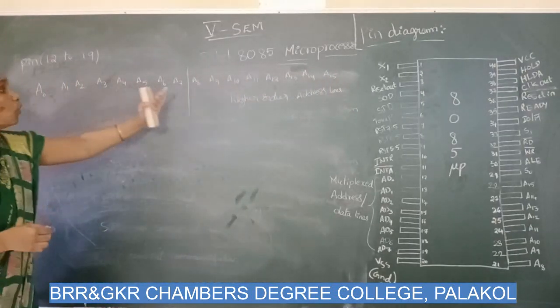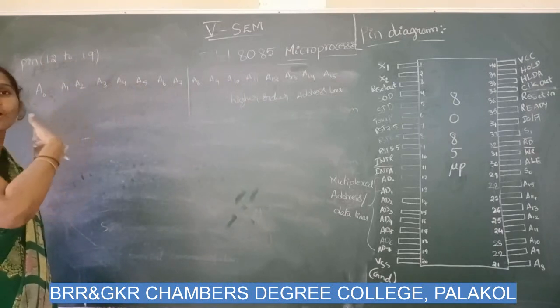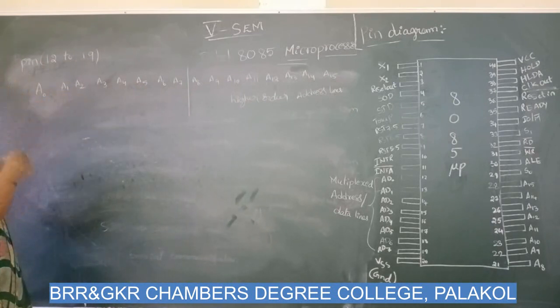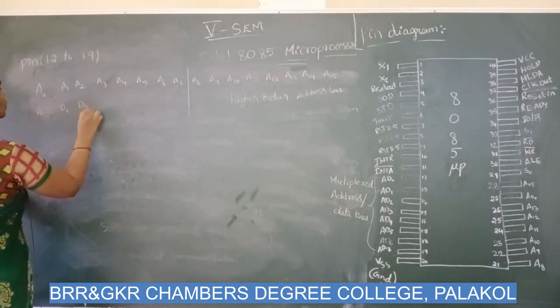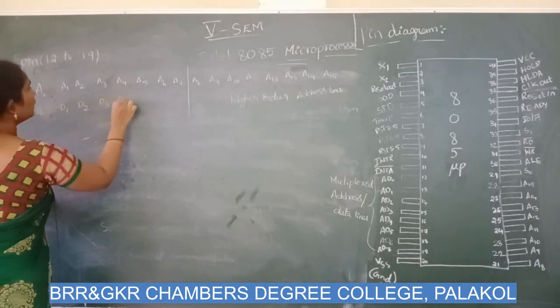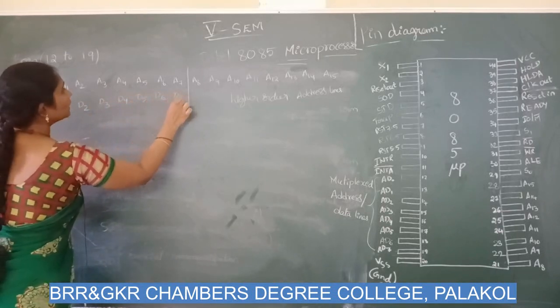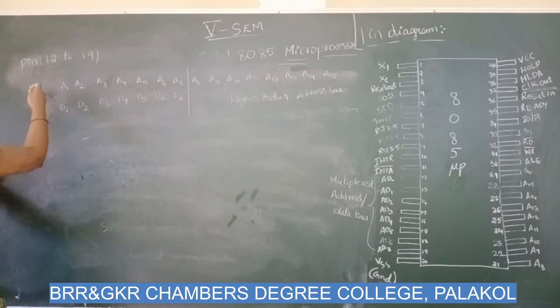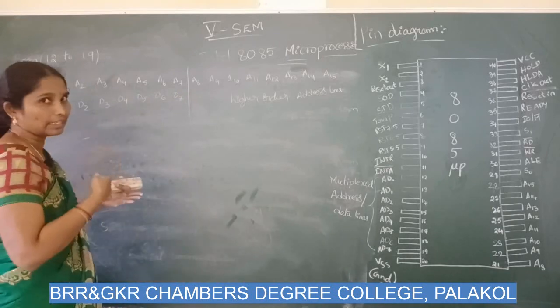So these lower order address lines are multiplexed with the lower order data lines. Those data lines are D0, D1, D2, D3, D4, D5, D6 and D7. That means these two are multiplexed; we are combining both address and data lines.